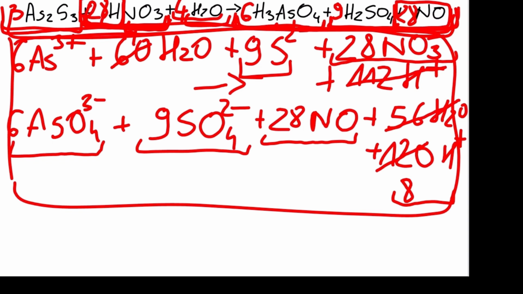Let's see. Here in arsenic acid we have 18 hydrogen atoms. In sulfuric acid we have also 18 hydrogen atoms.